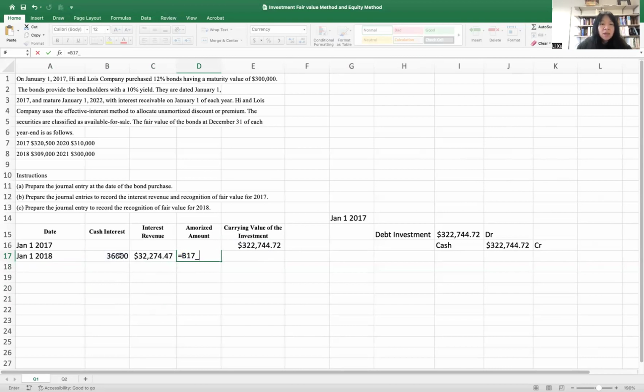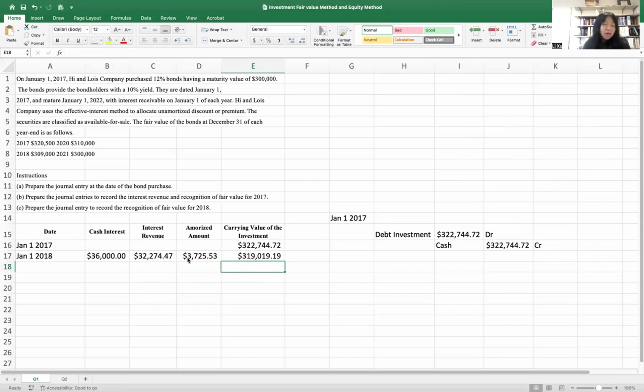Just remember this amortized amount, we always want to show up as a positive number. So we just take a difference between these two, make sure the difference is positive. And the carrying value, what we do is we take this and we subtract the amount amortized.